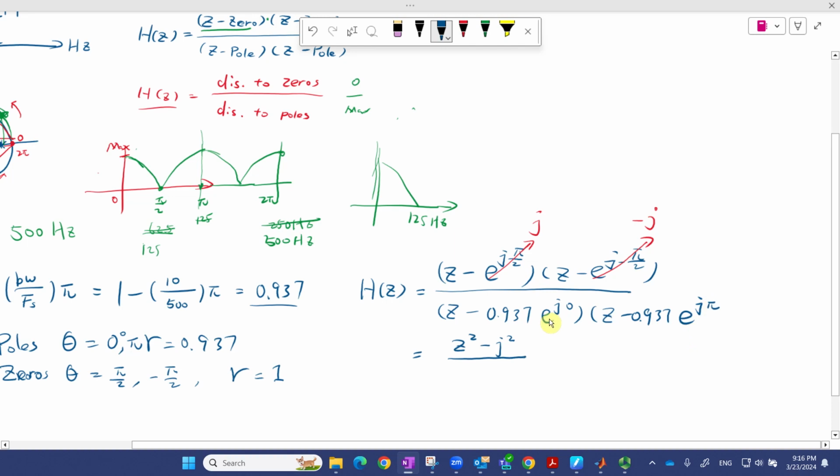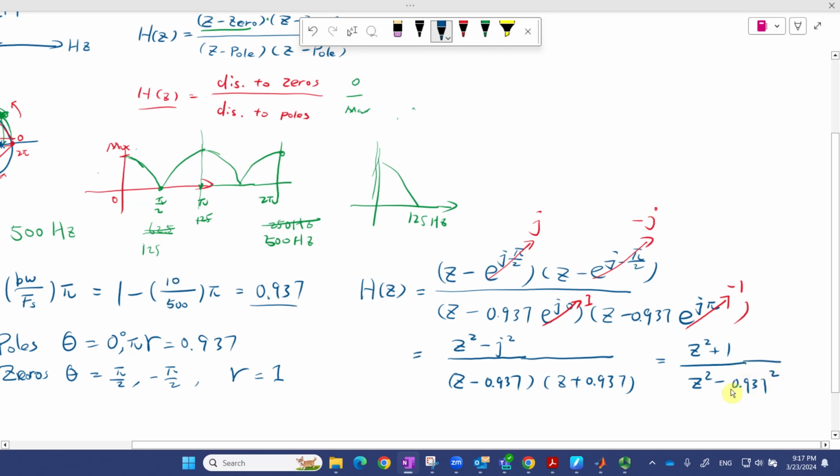So I shouldn't skip any steps. This one is 1, this one is -1. So on the bottom is z minus 0.937 multiplied with z plus 0.937. And we get the final result: z squared plus 1 over z squared minus 0.937 squared.